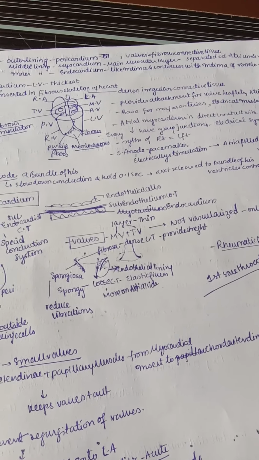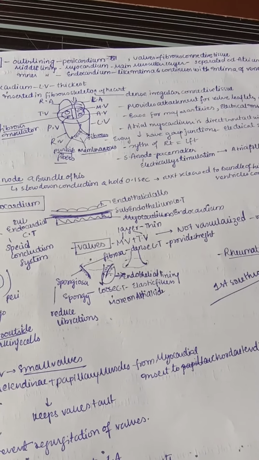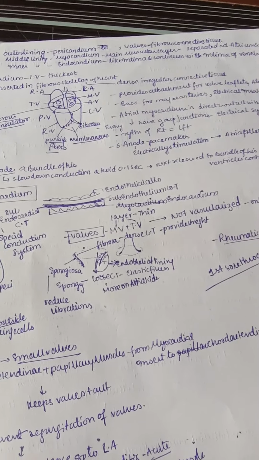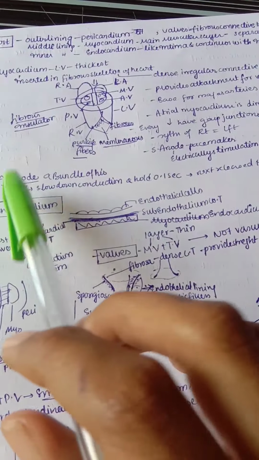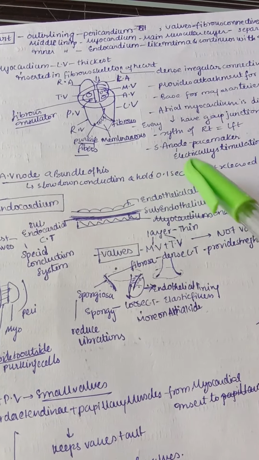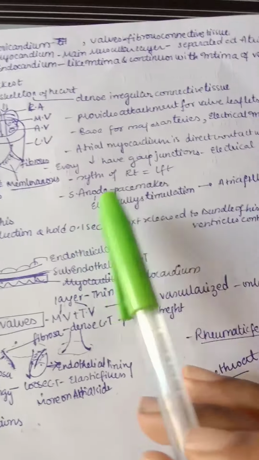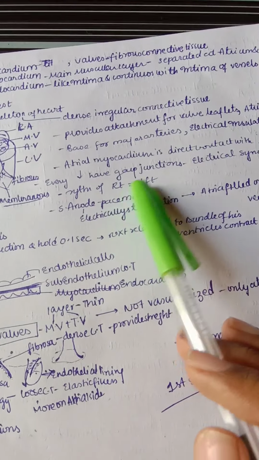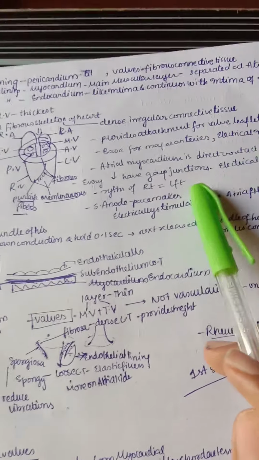Because first the atria should contract, and only after atrial contraction should the ventricles contract. So the AV node stops the current for 0.1 second. This is how the rhythm of the right heart equals the rhythm of the left heart.